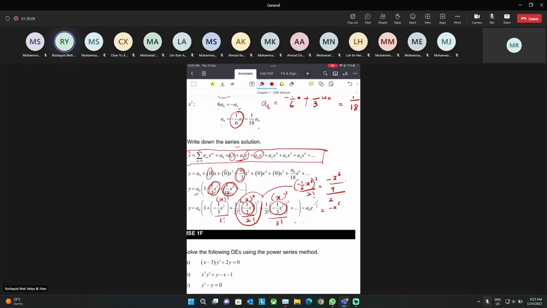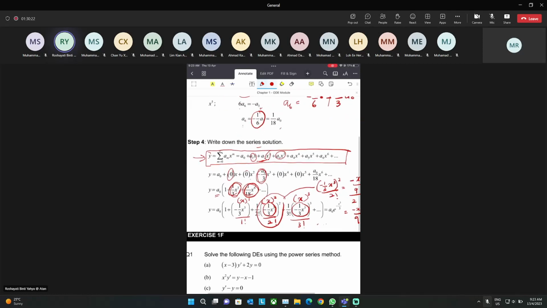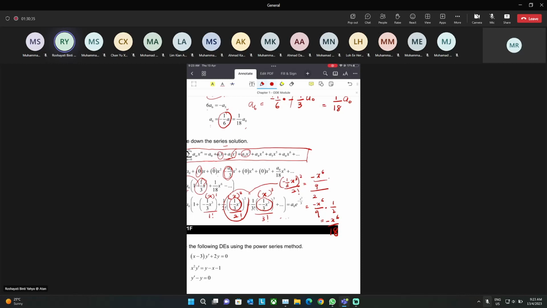So negative x to the power of 6 over 9 times 1/2, negative x to the power of 6 over 18. So what I mean is that the first x in the bracket will be your x. That's why as the answer, the exponential of your x now is negative 1/3 x cubed, like this.